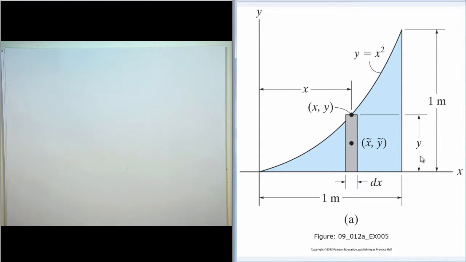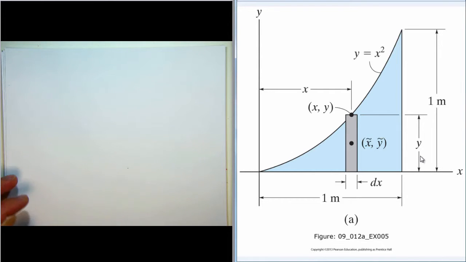So all of this material is intended to give you an understanding of the concept of a centroid. It's not so important that you be able to exactly replicate this part. It's really just important that you get a handle on what the centroid means, and then also what the center of mass and center of gravity mean.